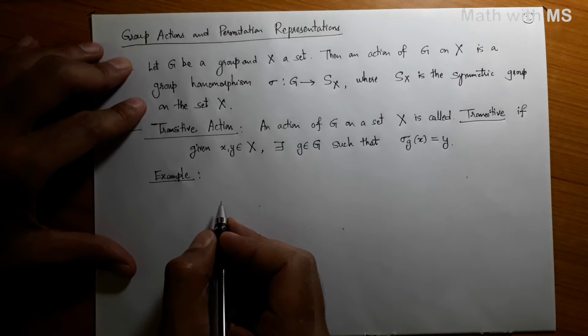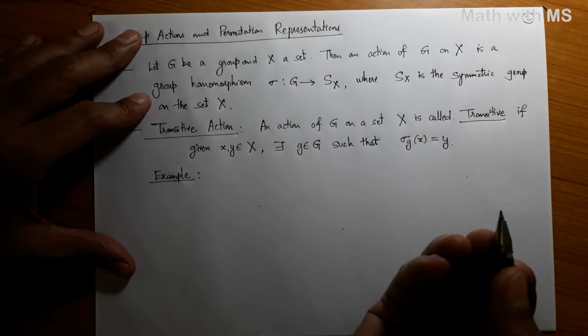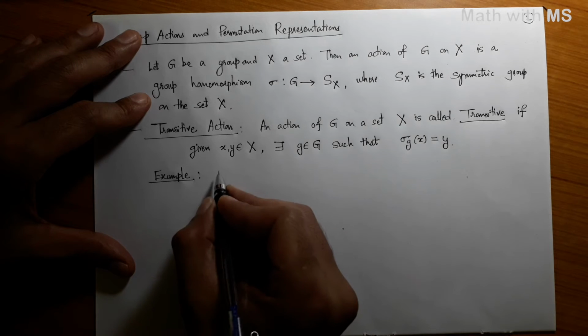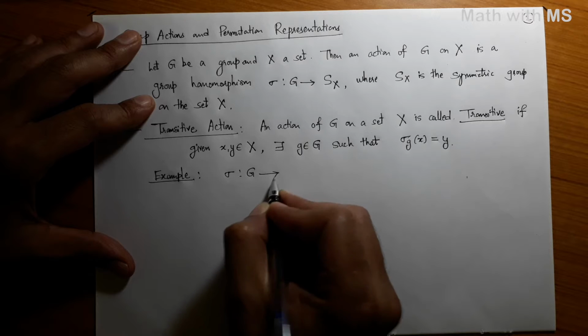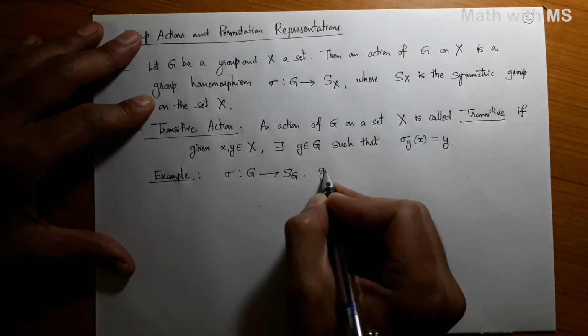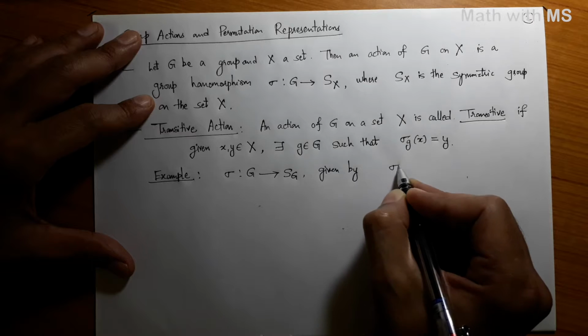For example, the regular action of a group on itself is transitive. You can consider left or right regular, whichever you like. So the map sigma from G to S_G is given by sigma_g.